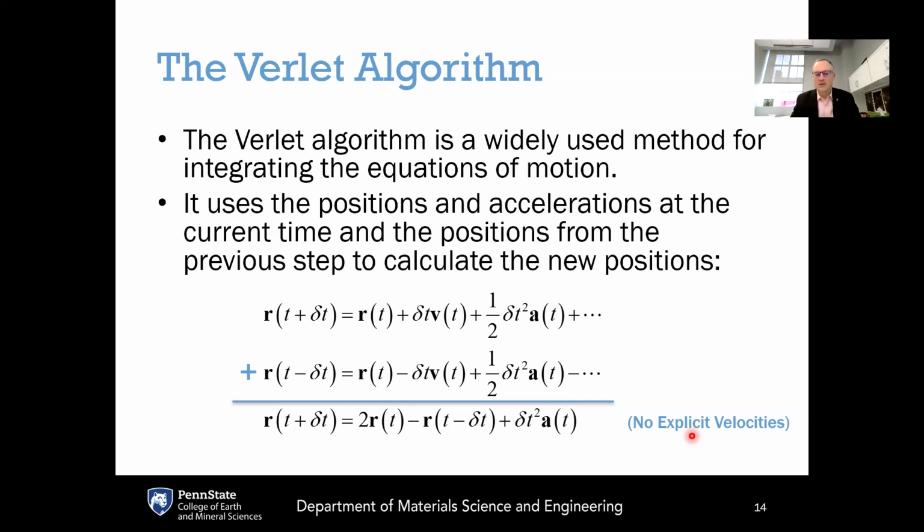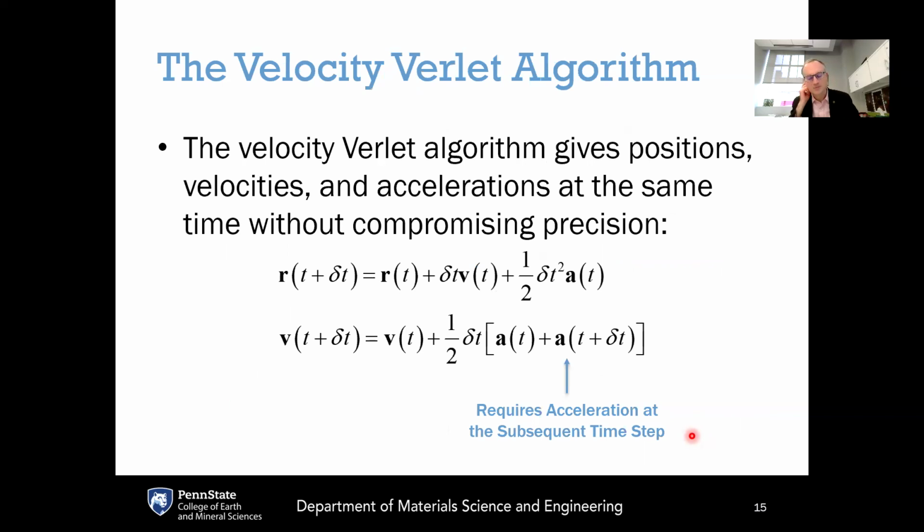We may want them to calculate certain properties, and we definitely need them if we want to maintain a constant temperature simulation. So if we are doing a simulation in the canonical ensemble or, say, the NPT ensemble, and we want to maintain a constant temperature, we have to know what those velocities are as a function of time so we can rescale the velocities to keep the same temperature.